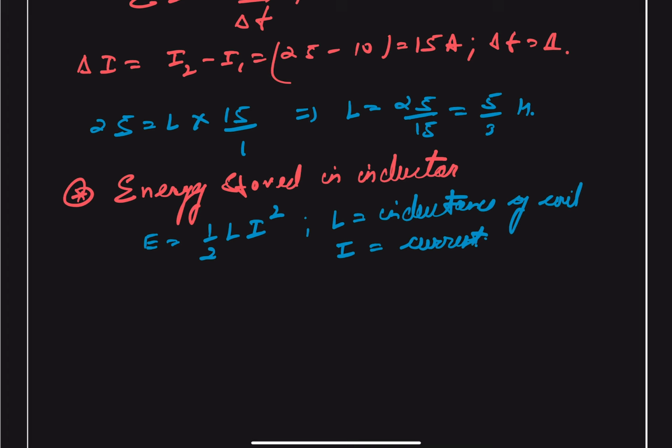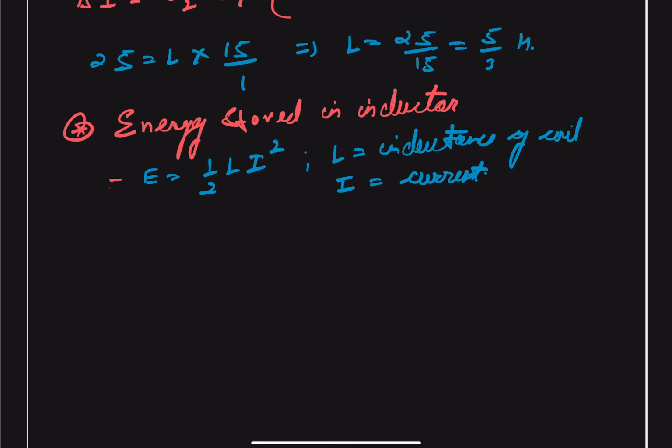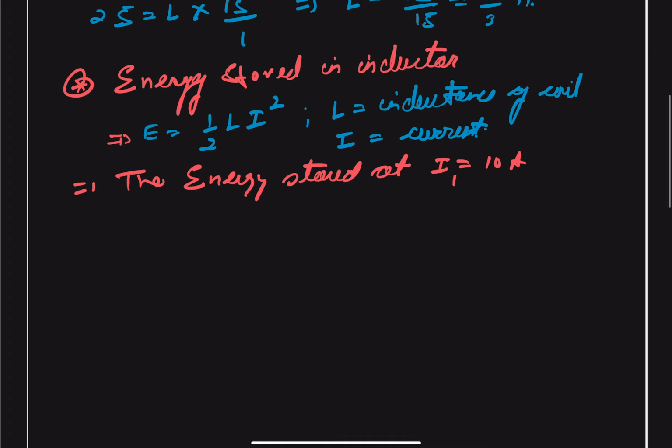Now in order to find out the change in energy, we can write this equation as E1 and E2, where E1 is the energy stored in the inductor initially when the current is 10 ampere. So therefore we can say the energy stored at current of 10 ampere, let us call that I1.